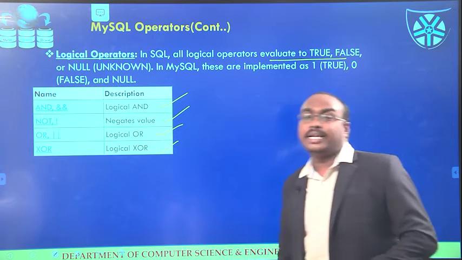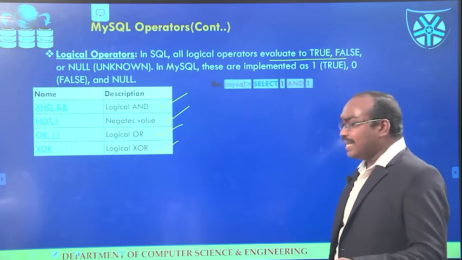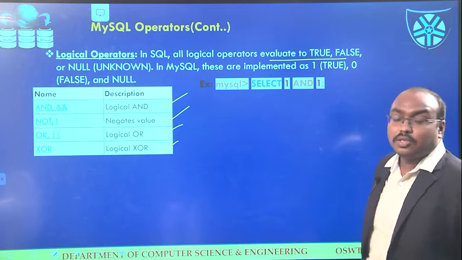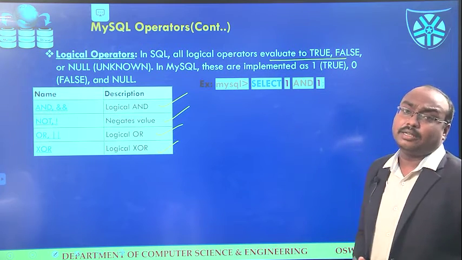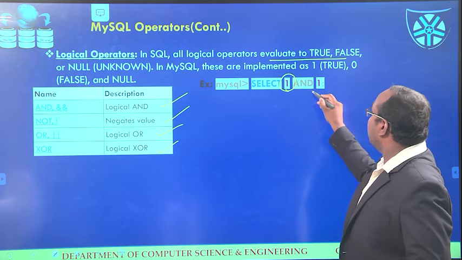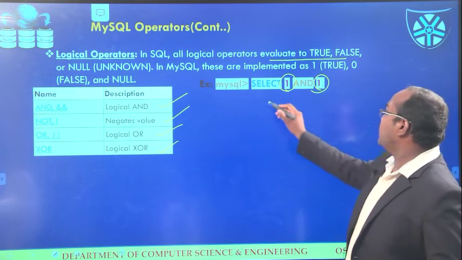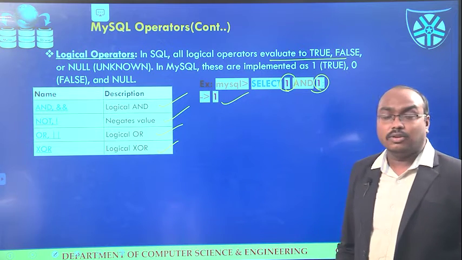These are the 4 operators we use in logical operators. Let us take an example. Select 1 AND 1. Here we are using the logical AND operator. In this logical AND operator, if both values are true, then it will return the true value. So here the value is true, then the value is 1.